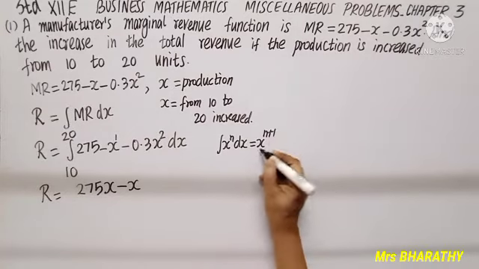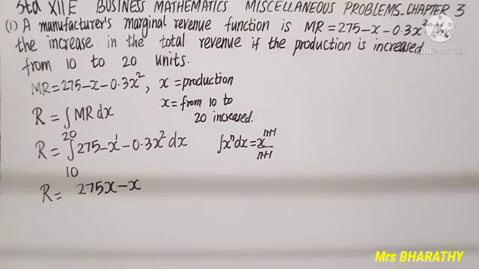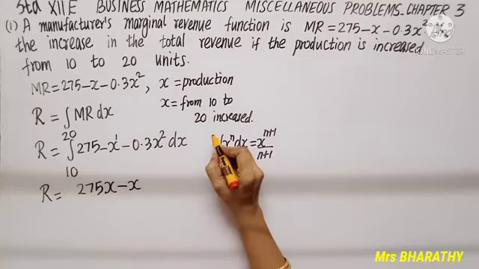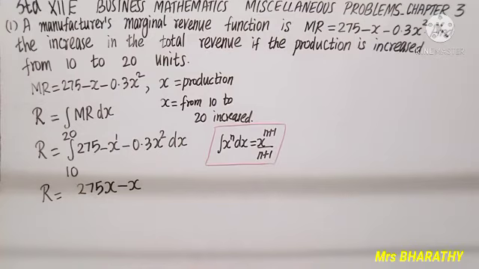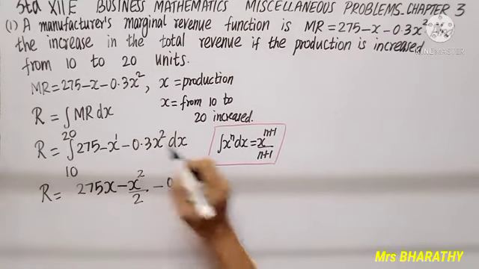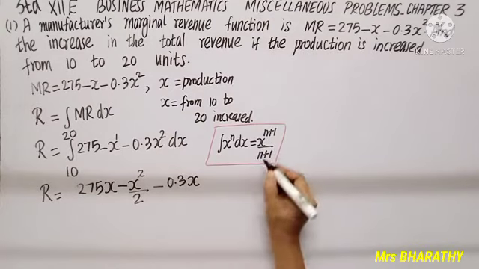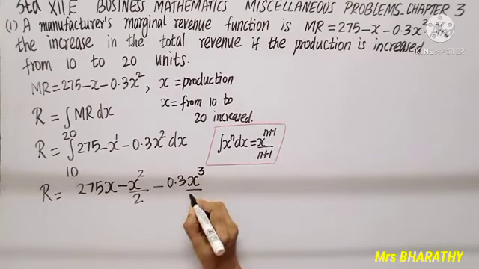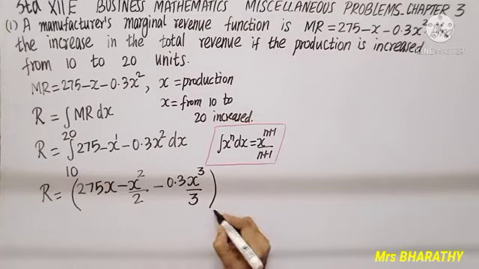X power n plus 1 by n plus 1. As we apply the formula, X power 1 will become X power 1 plus 1 by 1 plus 1, or X square by 2, minus 0.3 X square will become X power 2 plus 1 by 2 plus 1, that is X cube by 3, between the limits 10 to 20.